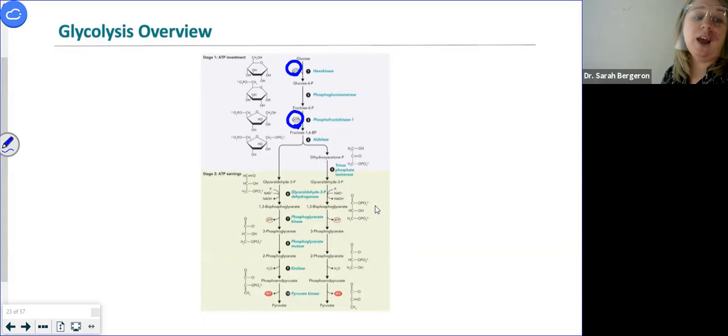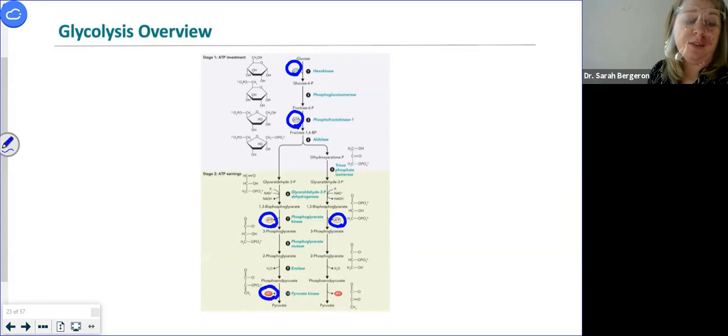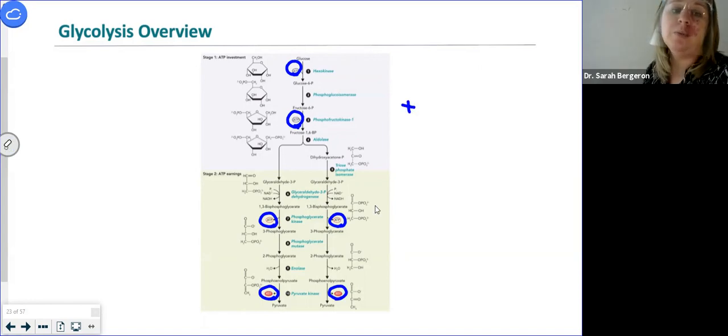Now, when you look down at the ATP earnings, stage 2, what we're going to see is ATP in 2 places, right? Kind of early in investment and early in earnings and then late. So if we invest 2, so I guess that really should be a minus, right? We're using up 2 ATP here.